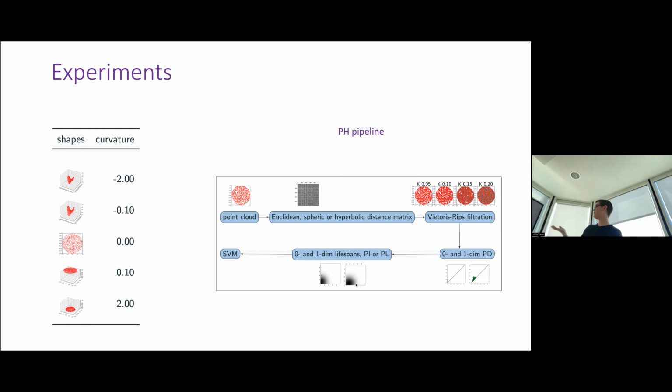The pipeline would be that we use the original point cloud just for PointNet. For the other pipelines, we would use the distance matrix. For persistent homology, we construct the Vietoris-Rips filtration, and then look at the vectorizations: persistent images, persistent landscapes, and then SVM.